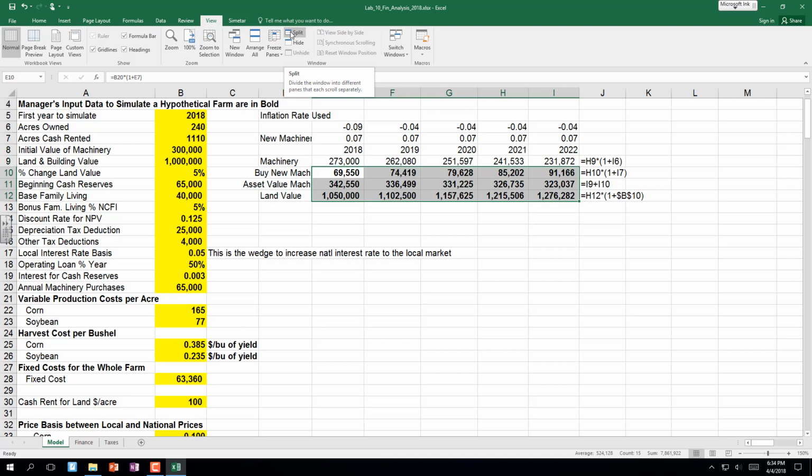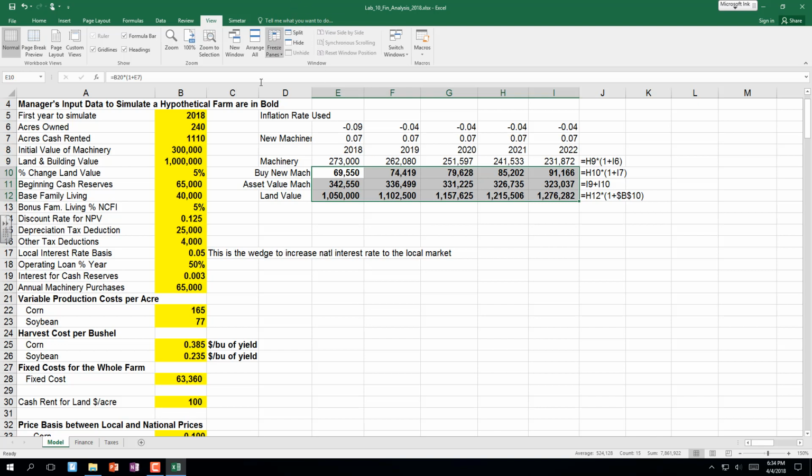I just was wondering, is there a way you can make the land value change stochastic, so it changes between the 5% down to something? Yes, you can. We'll work that into one of your problems. We can do a stochastic draw on the inflation rate on land each year, so each year it can go up and down. If you have time, you can always do it yourself.